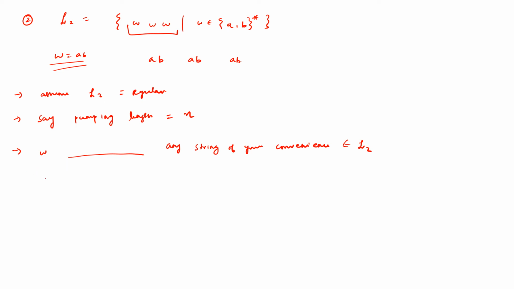Once you take a string of your choice, you see if there is a partition scheme that will make w into x, y, and z such that the length of xy should be less than or equal to the pumping length n, and the length of y itself cannot be 0. And you will see if there is a partition scheme that will make x y^k z also part of L2.